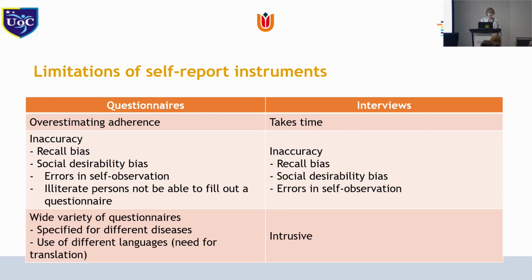So you don't have information of the non-respondents most of the time. That's also what we should consider. Respondents may overestimate adherence, and there's a large variety of questionnaires described in the literature for different diseases, and they are often in English, so probably the questionnaire must be translated into your language.